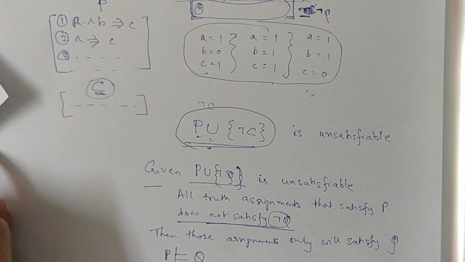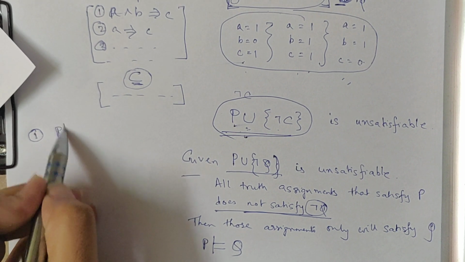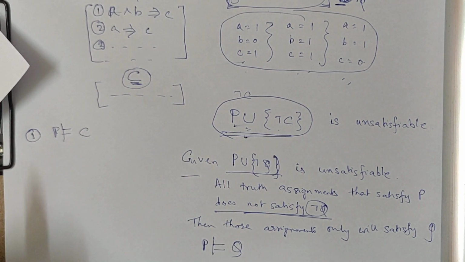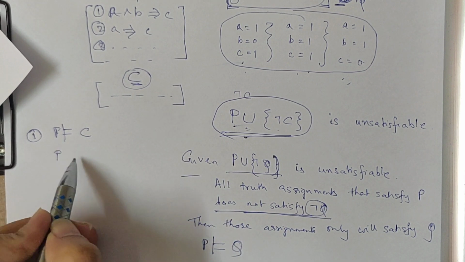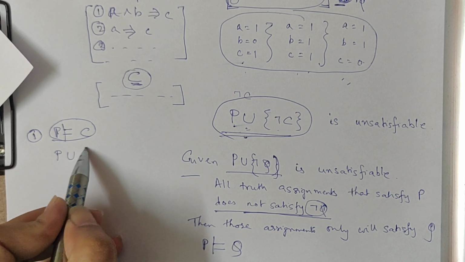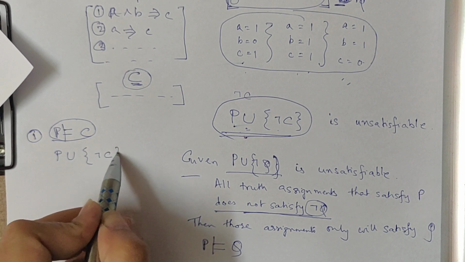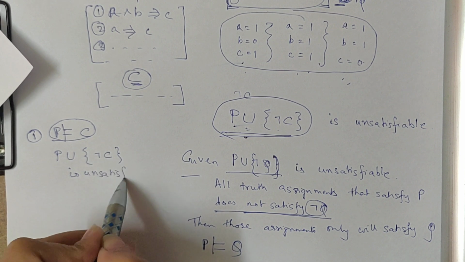First, given there is a logical entailment between P and C, I commented that P union not C is unsatisfiable.